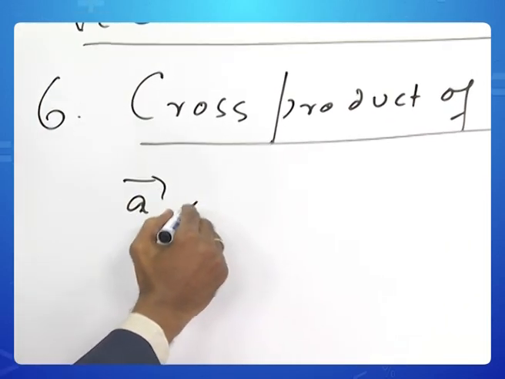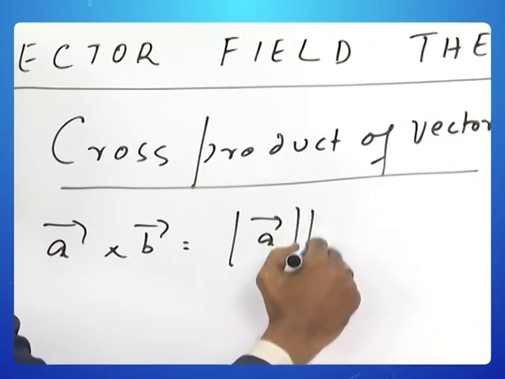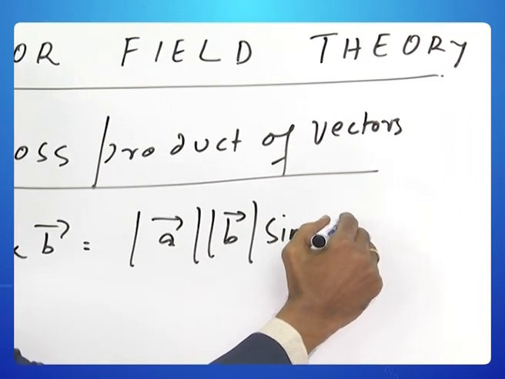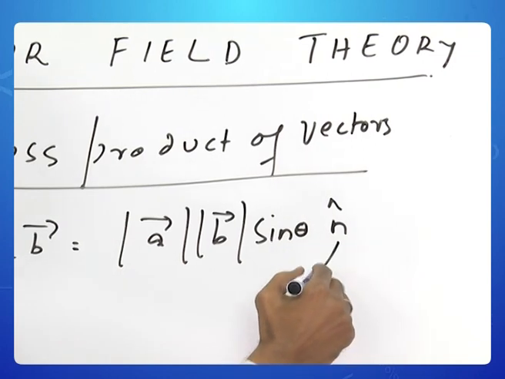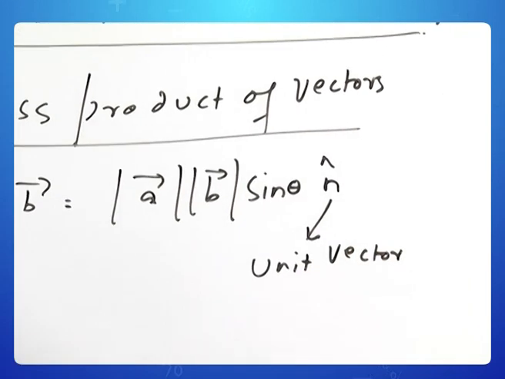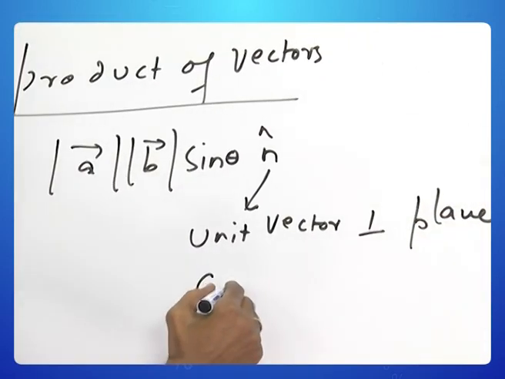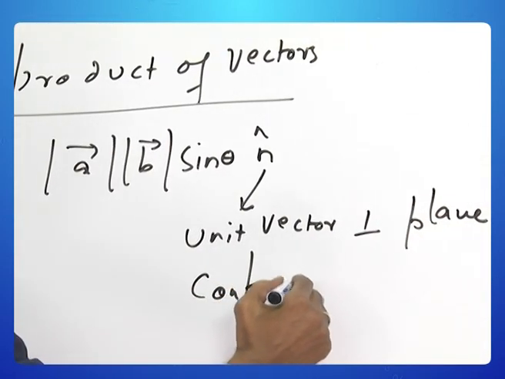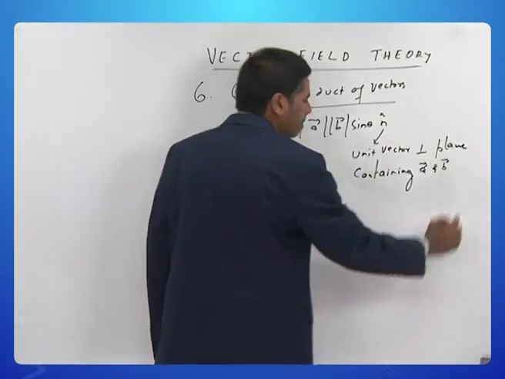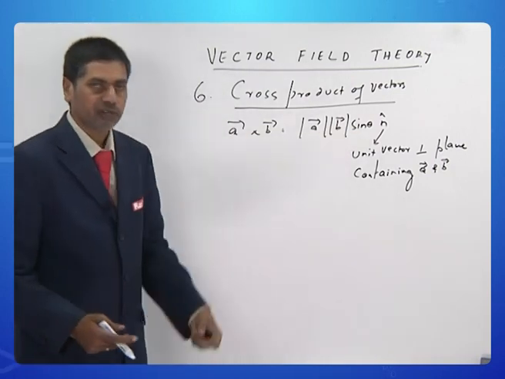The cross product of two vectors A and B is given by the magnitude of A into the magnitude of B sin theta multiplied with n cap, where n cap is a unit vector perpendicular to the plane containing A and B. So this also provides us with an alternative to find out the angle between the vectors.